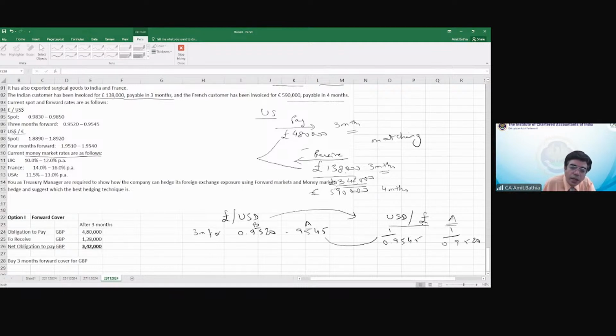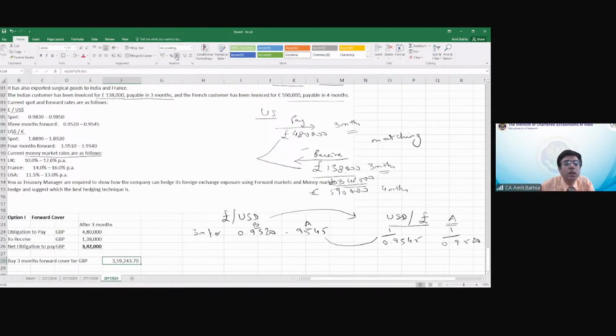Up, multiply, right? So I am going to say over here, 342,000 into 1 divided by 0.9520. So I'll get 359,243.70.